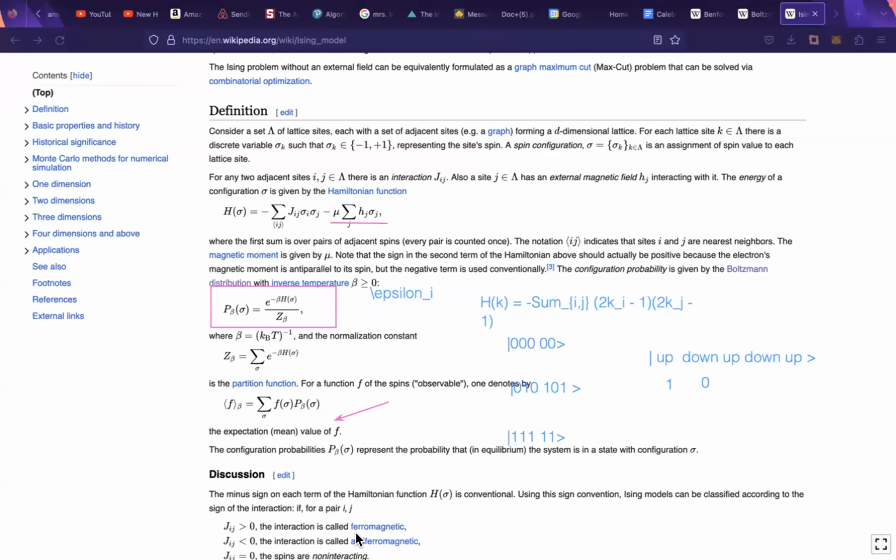If they were all aligned in the same direction, it doesn't matter if it was east versus west, but if they were all aligned in one direction, that was a low energy state. It would be stable: you could power the hard drive off, and the next time you powered it on, it would stay mostly in the same place, unless, if you watch really old movies, you ran a magnet over it and scrambled all the positions.